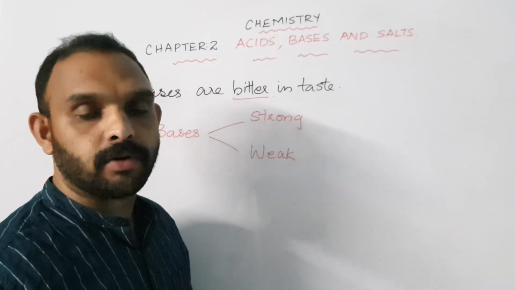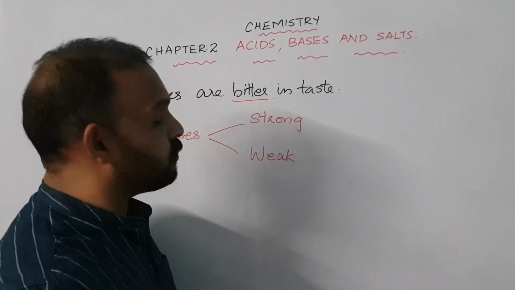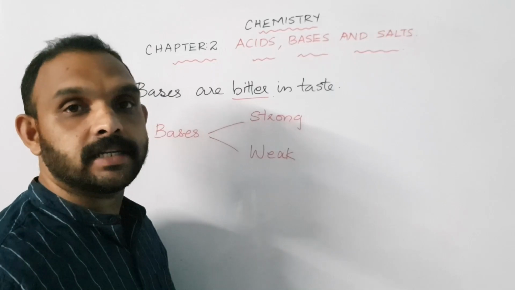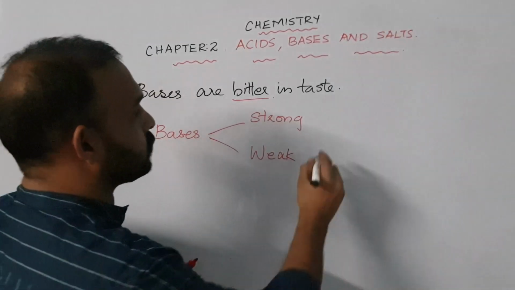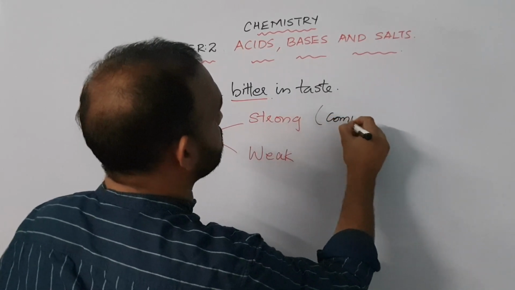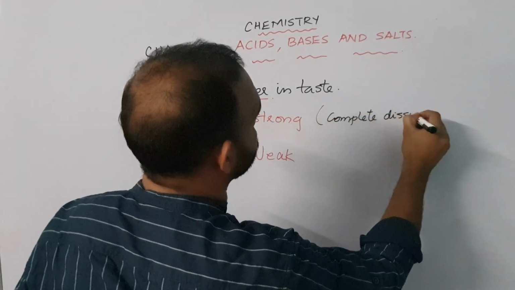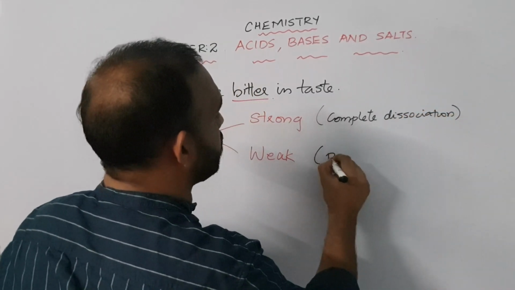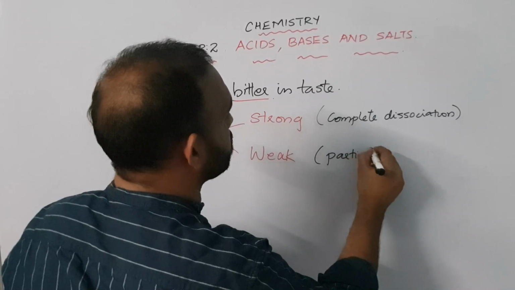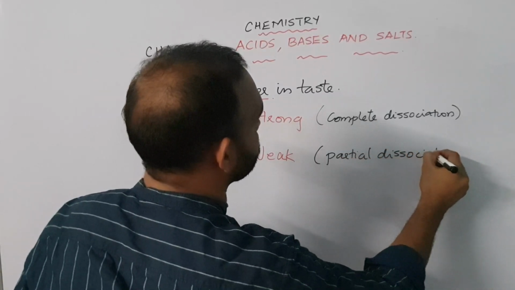What is meant by a strong base? A strong base is a base which completely dissociates in water to give OH minus ions. Complete dissociation stands for a strong base, and if only partial dissociation is there, then we call it a weak base.